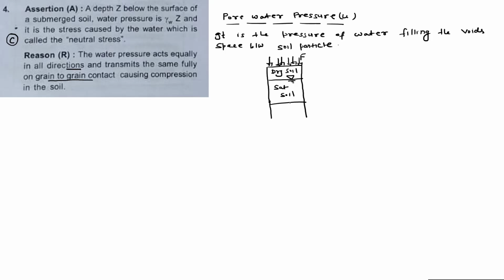If the height of the saturated soil sample is H2 and the dry soil depth is H1, then we have to calculate the pore water pressure at this point. For that you must insert a piezometer, this is the piezometer.